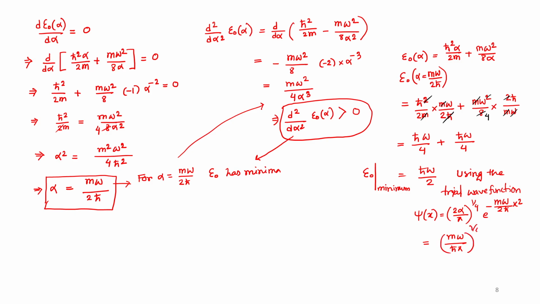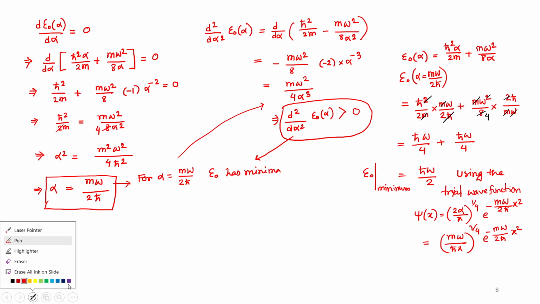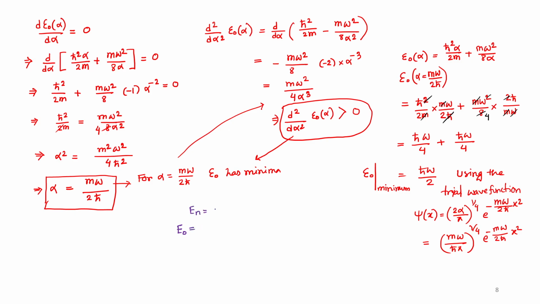So this is... and actually you know that the energy E0, En is given by (n plus half) h cut omega. Right? So here it is 0 plus half h cut omega, that is h cut omega by 2.